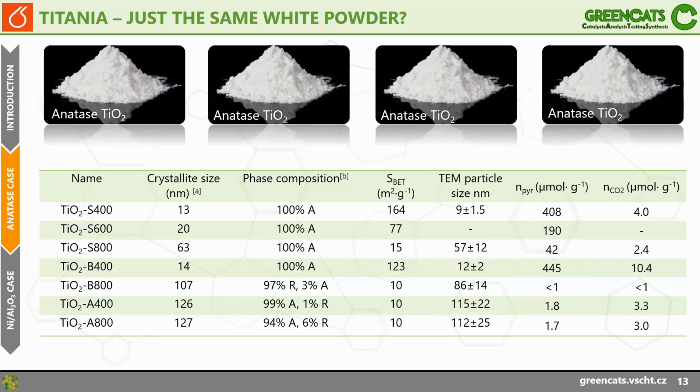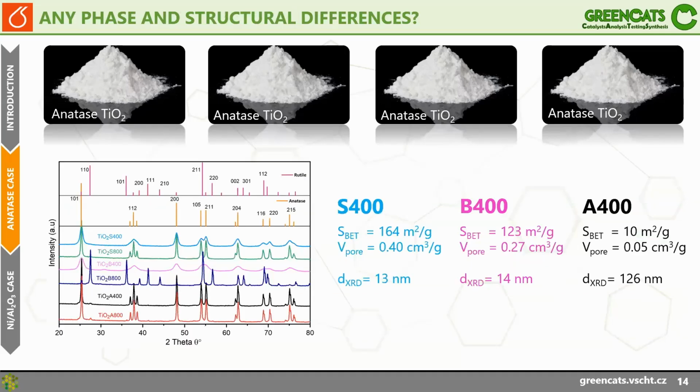You can see also the change in the phase composition, especially with the B type that then is turned into rutile. It is high temperature, something that you would expect, but it was not happening for the A type, already treated in the production in some way so that it's stable. And then it's reflected also in the other properties, and I will discuss those in more detail as we go.